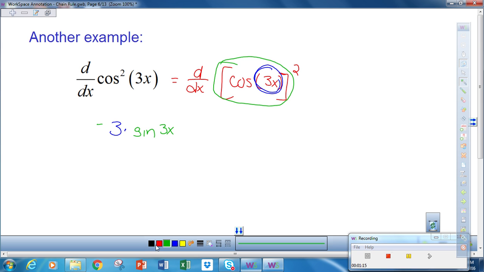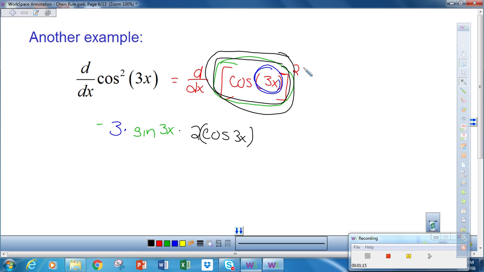And then the last one is this particular function where we have to use the power rule. So the power rule says we're going to bring down the 2, and you have to consider all of this as one thing. So this would be 2 cosine 3x. And of course, when we subtract 1 from the 2, we get just 1. So we can write this as negative 6, multiplying the 3 and the 2, sine 3x times cosine 3x.